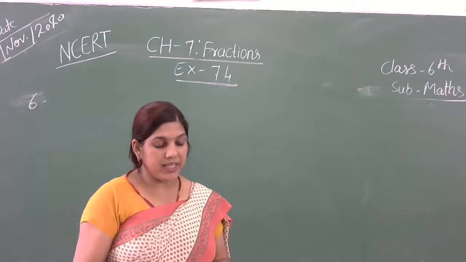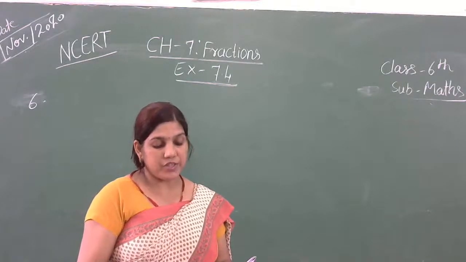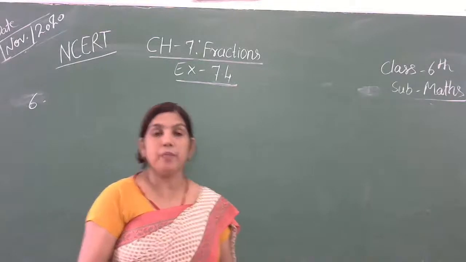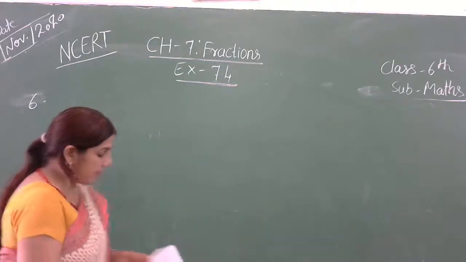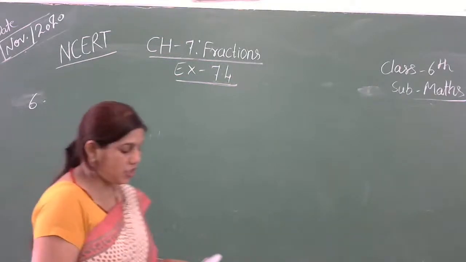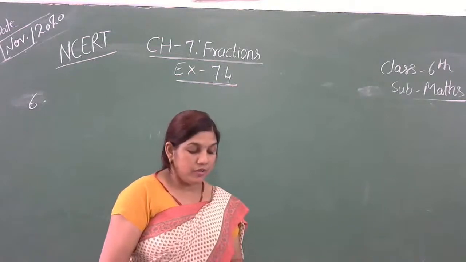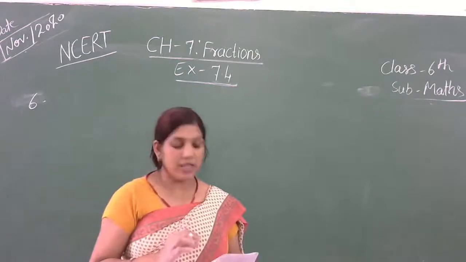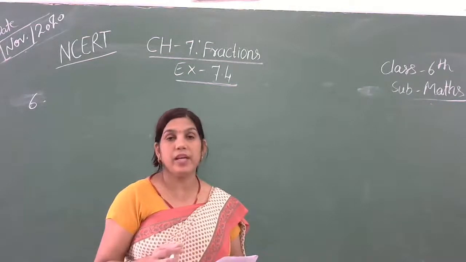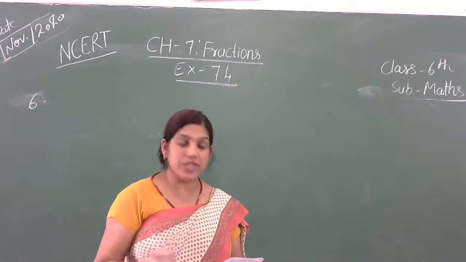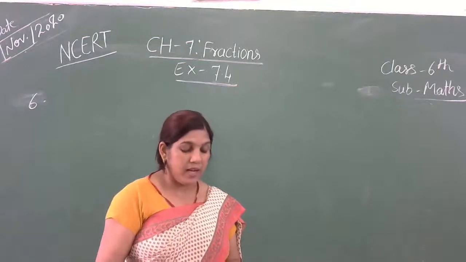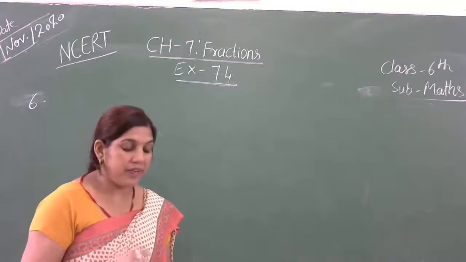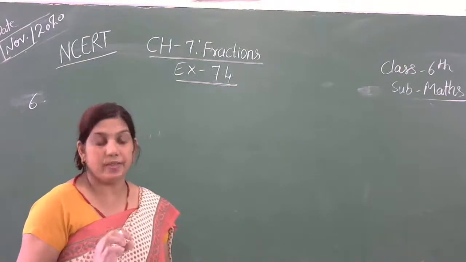Separate them into 3 groups of equivalent fractions by changing each one to its simplest form. So whatever fraction is given to us for solving, first you convert it into simplest form, which means reduce to lowest terms. You change to lowest terms first. After that, write the equivalent fractions.